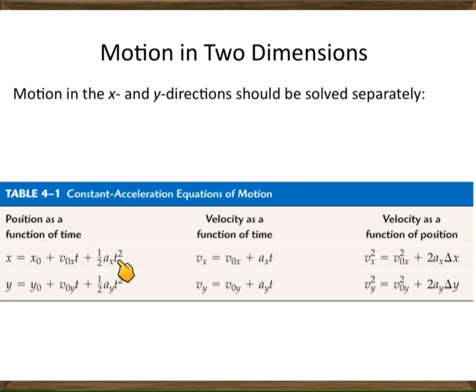So this is the position expression for a constant accelerated motion. When we have a second dimension, y, what we have is a second position. To this, we only add the second position, y equals y0 plus v0y times t.